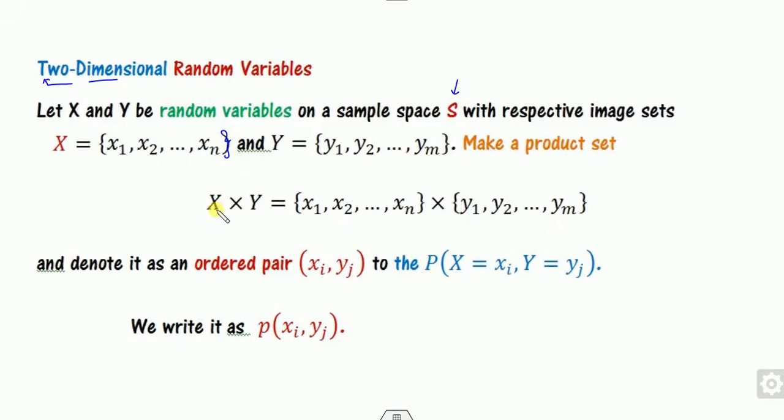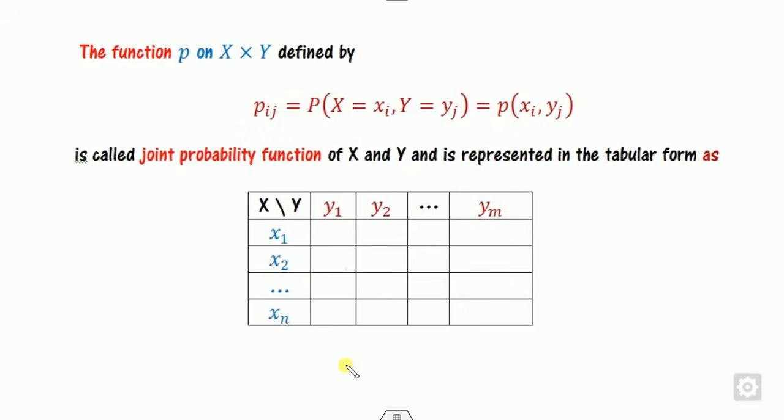If we take the product x cross y, this is the set of ordered pairs of xi with yj, and we can define this pair as the probability that x is xi and y is yj. We can use the notation p of xi comma yj, denoted pij.